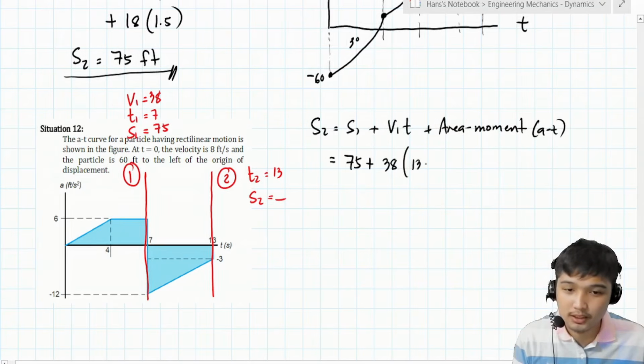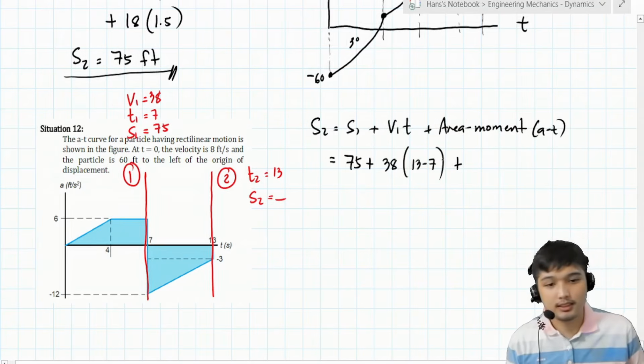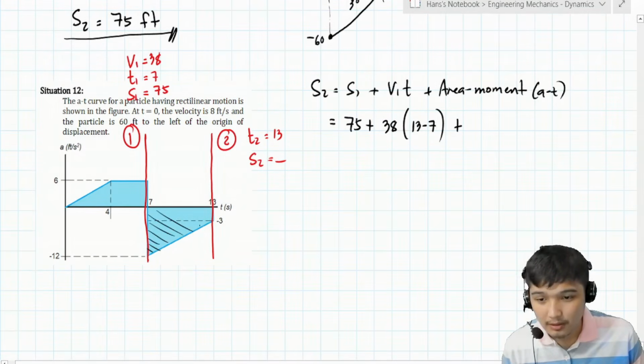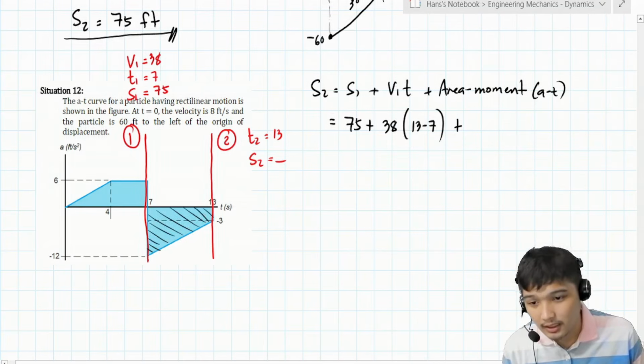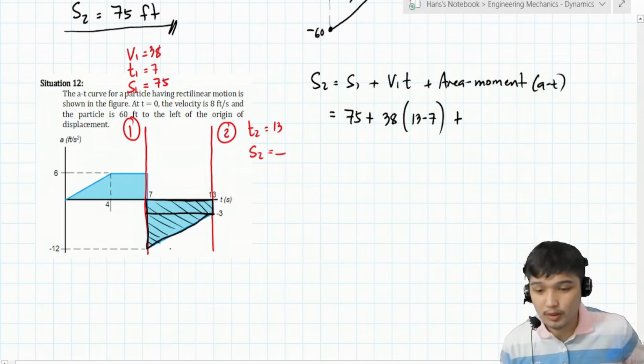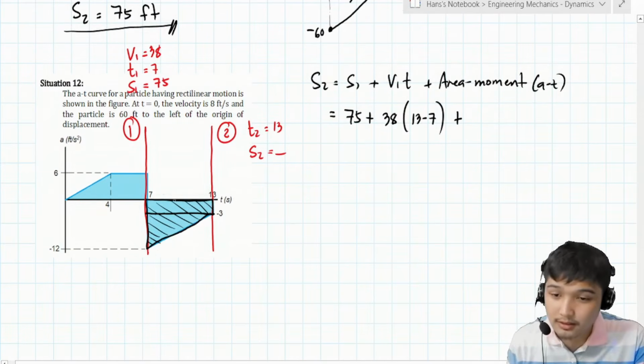So, that is 13 minus 7. Okay, plus. So, ito na lang yung area natin, guys, na pinag-uusapan. So, hatiin na lang natin to into two area. Isang rectangle saka isang triangle. Okay? So, kunin muna natin, guys, yung area.